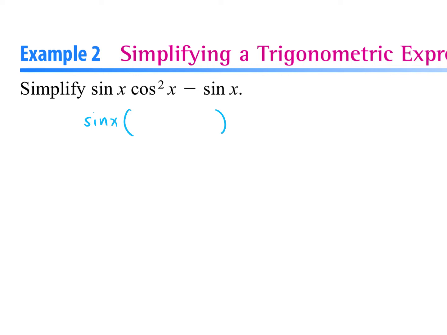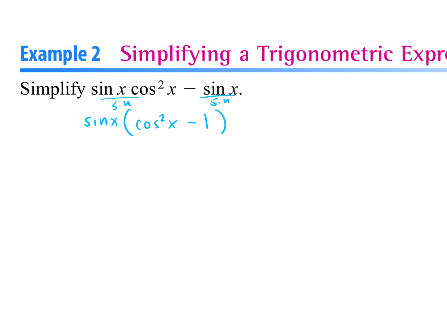When I take out sine, so I'm dividing both of these by sine, what am I left with? Awesome. Cosine squared x minus 1. All right, so now I want to see, do I have any trig identities that I can replace one of these with?